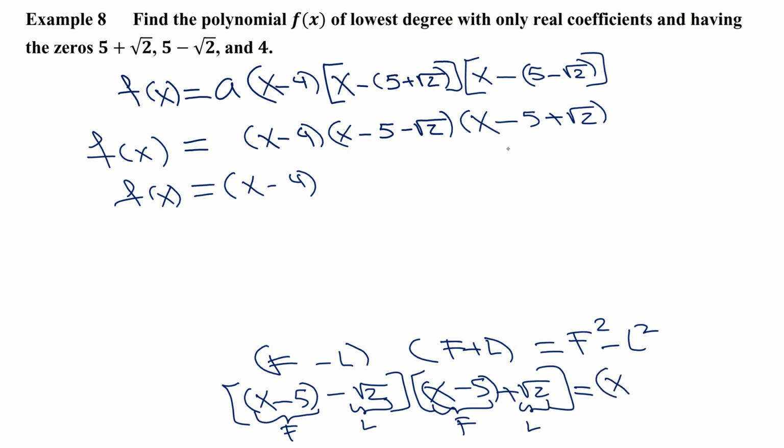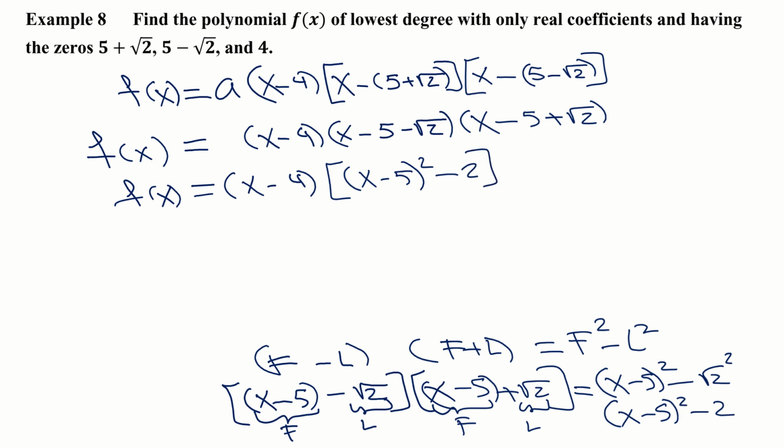So it's going to be quantity x minus 5 squared minus square root of 2 squared, and that's just 2, right? So it's x minus 5 squared minus 2. So times, let me use bracket, quantity x minus 5 squared minus 2.